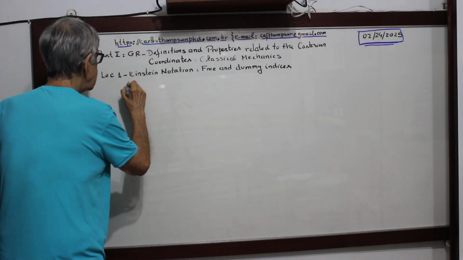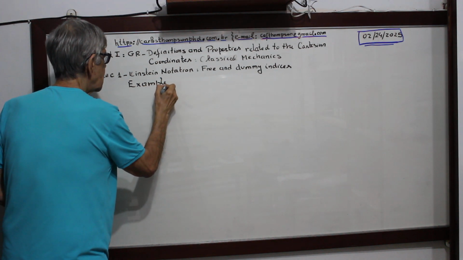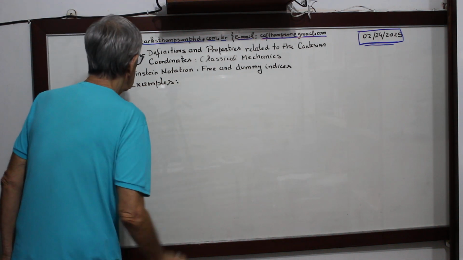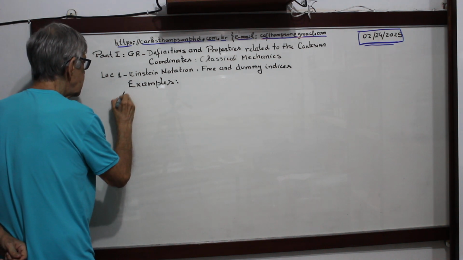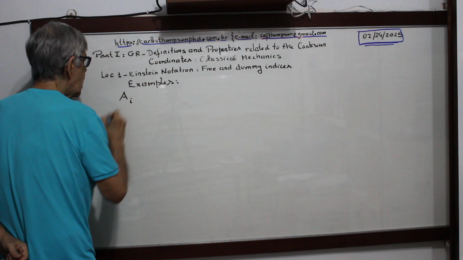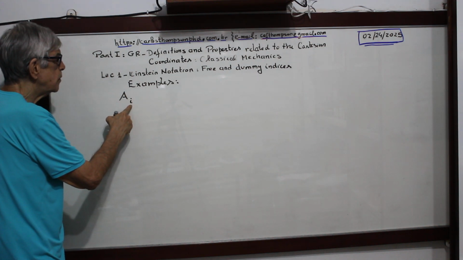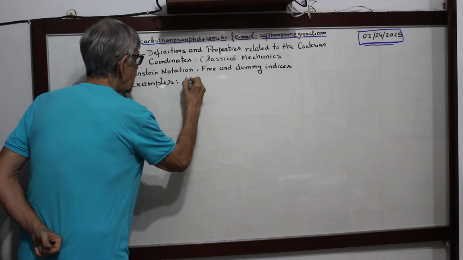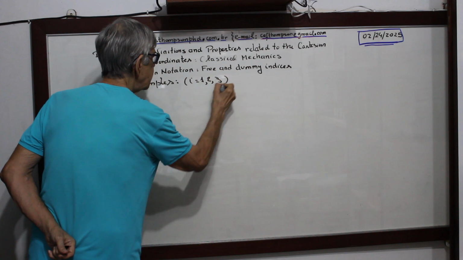Let's give examples. Suppose I have a component A_i. This i here, i = 1, 2, 3.